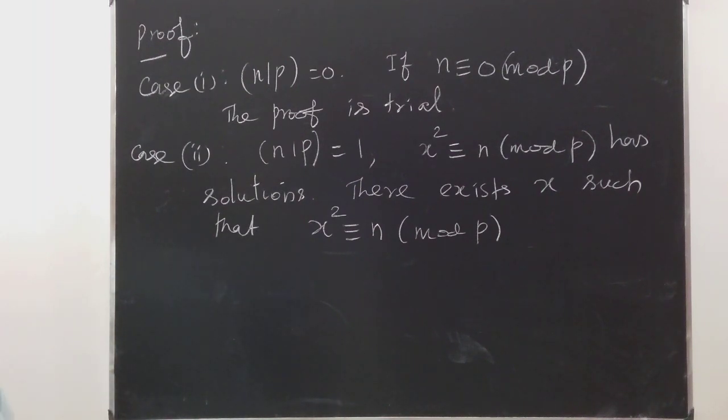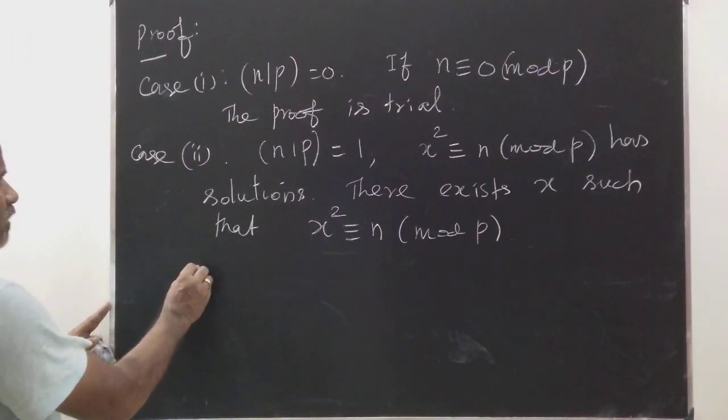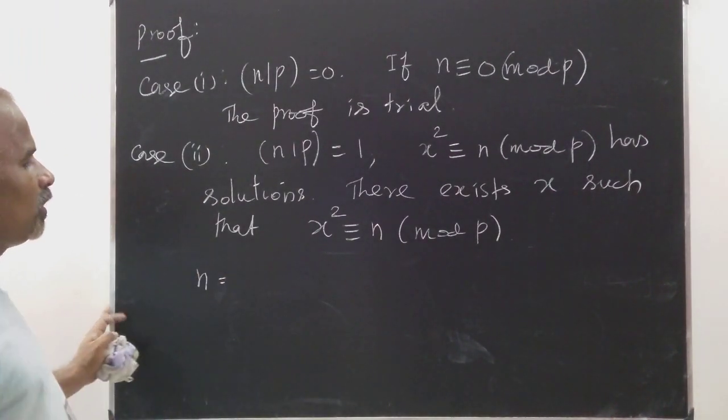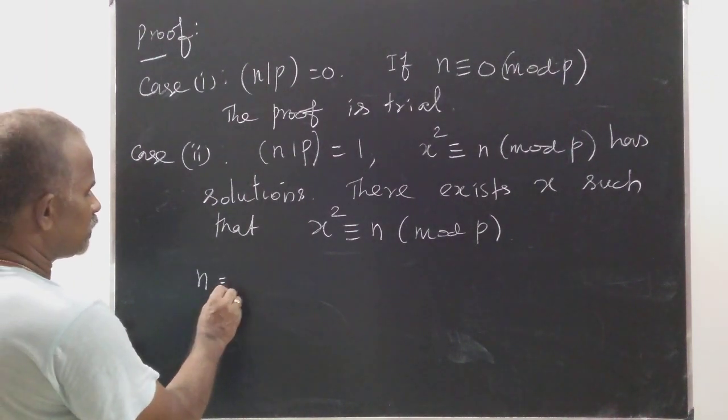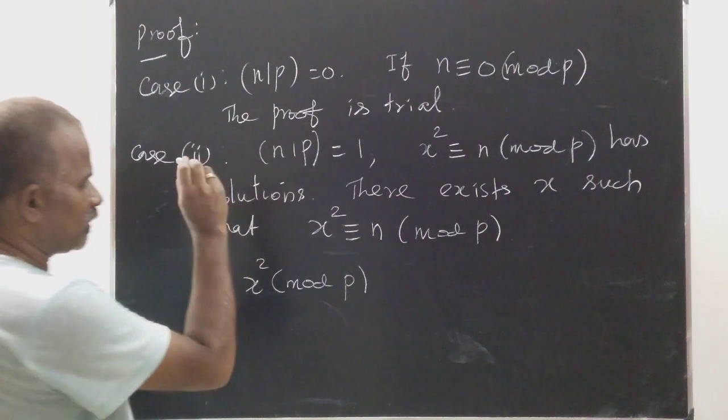Okay. So therefore n is congruent to x^2 mod p.